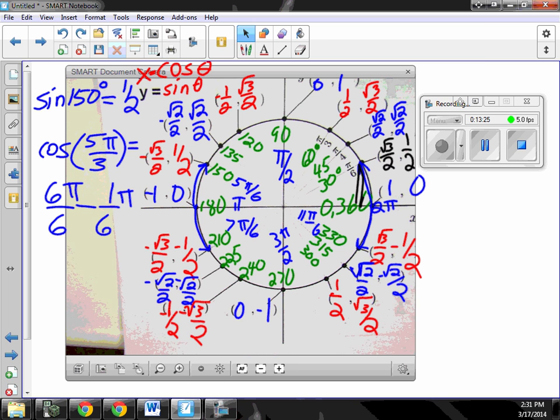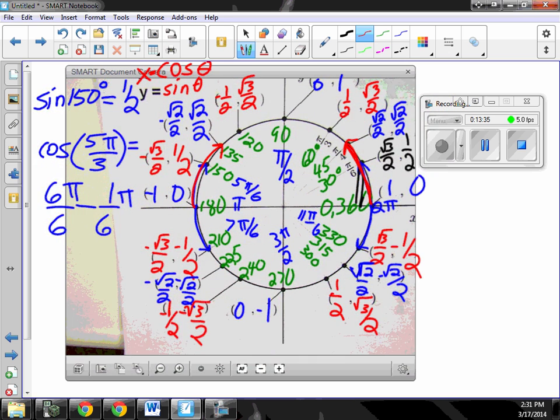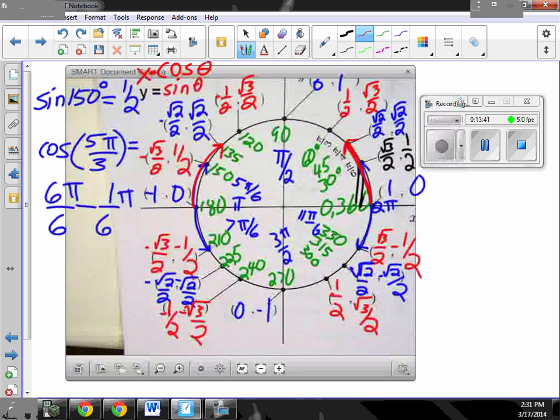All right, so if this angle is pi over 4, then we're going to take 1 and we're going to take off 1/4. What is 1/4 less than 1? 3 pi over 4. So this angle is 3 pi over 4. What if we take that same angle and we add it to 1?